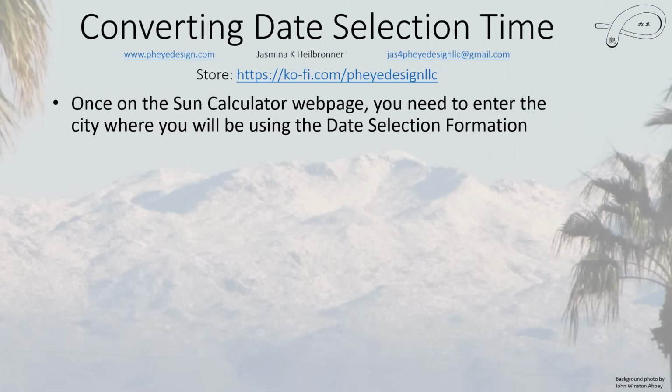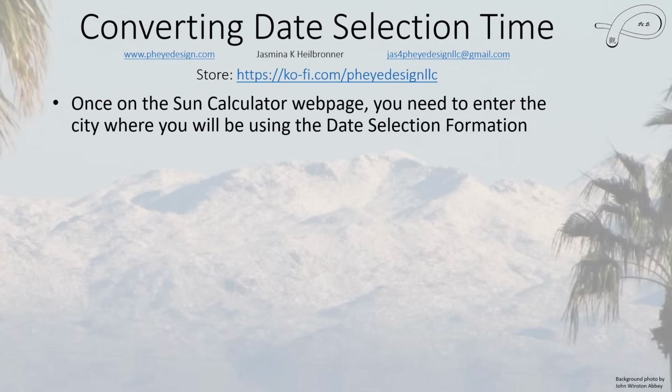Once you're on that web page, you need to enter the city where you will be using the date selection formation. So you have to know where you are on that date. If you don't, you may have to come back to this once you know where you will be.